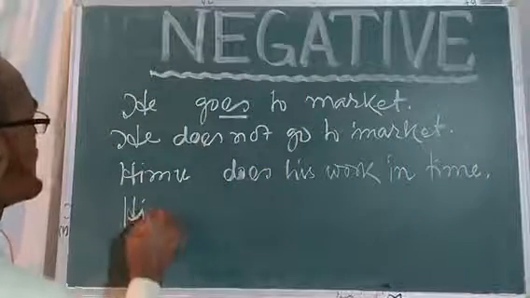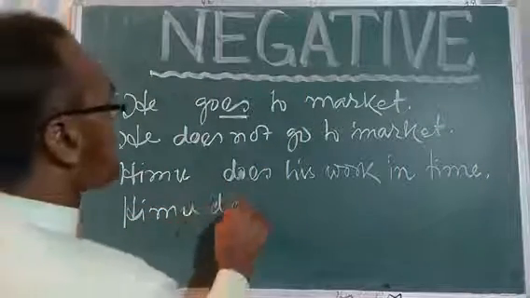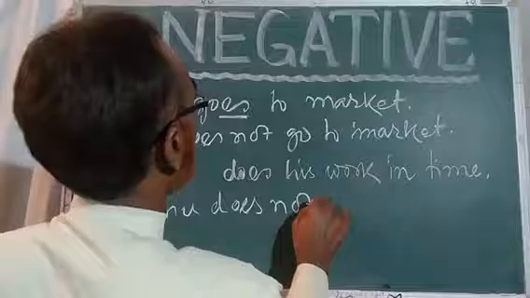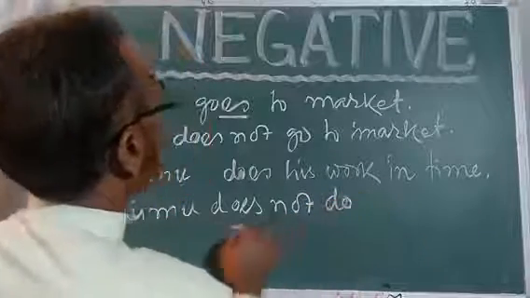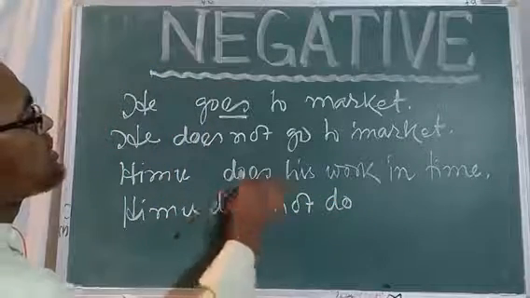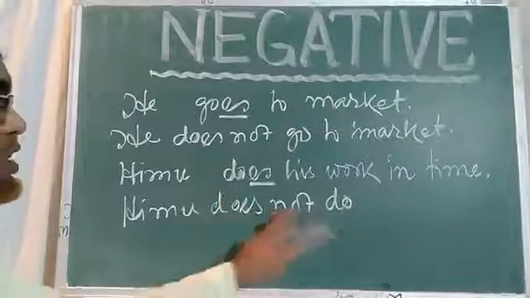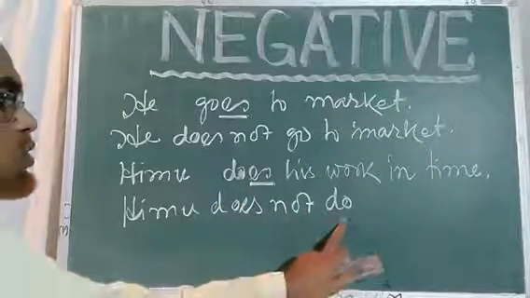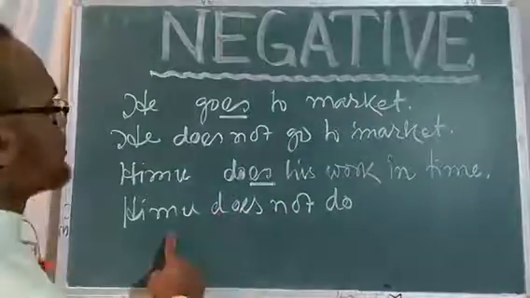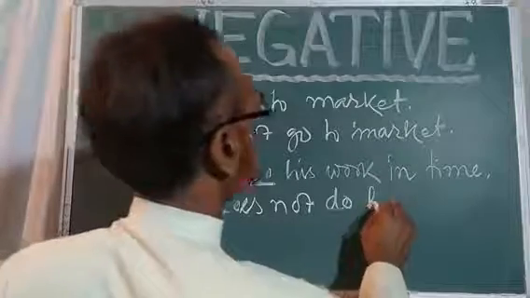Like this, Himu does not do. We remove es from does and we write do just after does not.